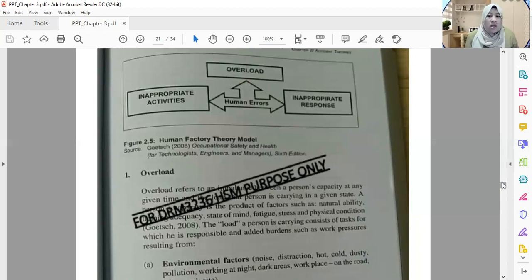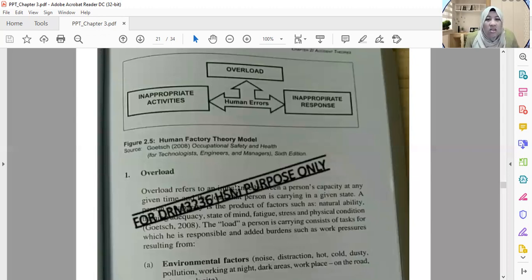This is according to Goetsch 2008 in Occupational Safety and Health for Technologists, Engineers and Managers. I believe this diagram has been derived from this textbook, and it really gives an overview to us that this is very important.